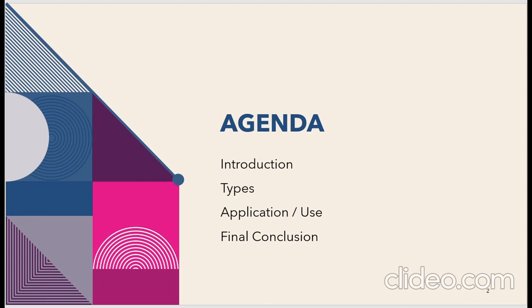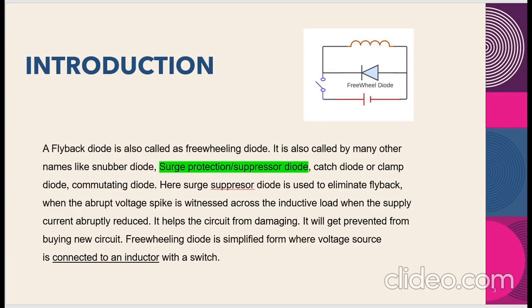Then we will discuss what types of SPDs are used, their applications and uses, and then we will come to the final conclusion, where I can show you where they are actually used. So first we will go through the introduction.